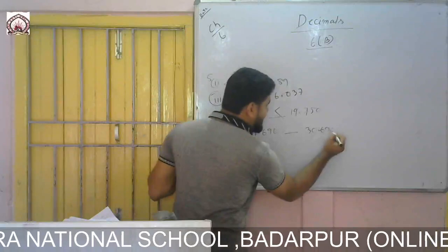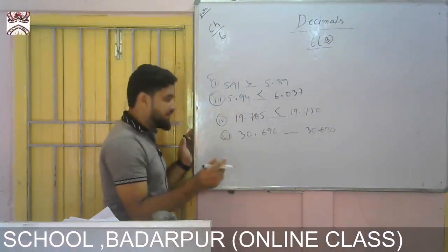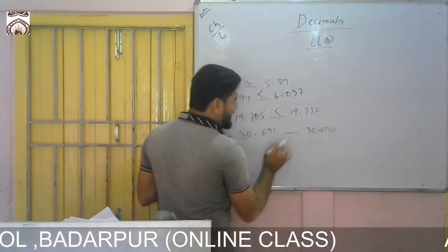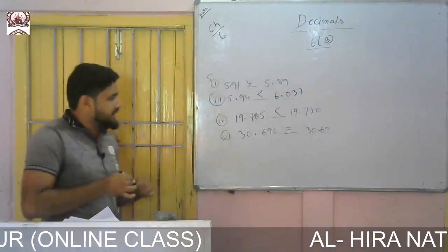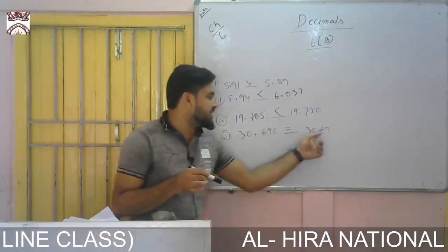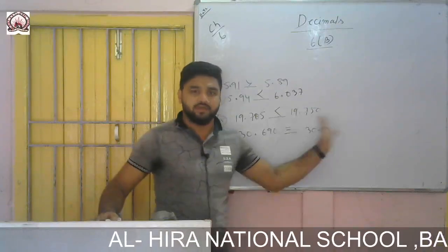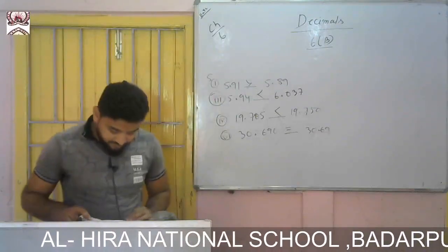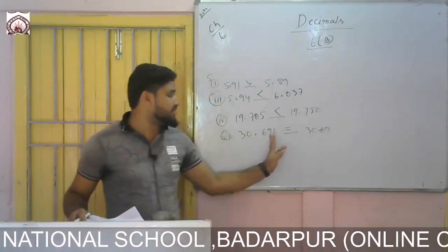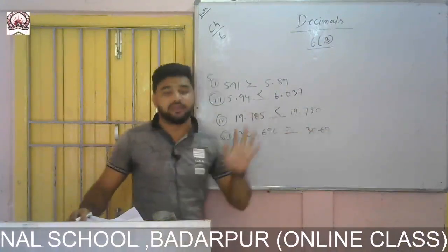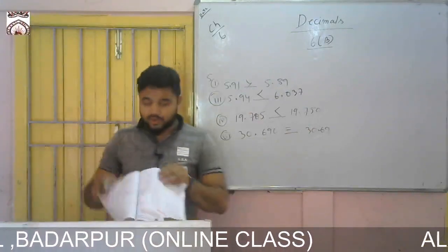If I add one zero, it doesn't change the value of the decimal number. So both are the same, and I can write that they are equal. You see 30.690 and 30.69 are the same, because we can add 0 on the extreme right of the fractional part. So the rest you can do like this.